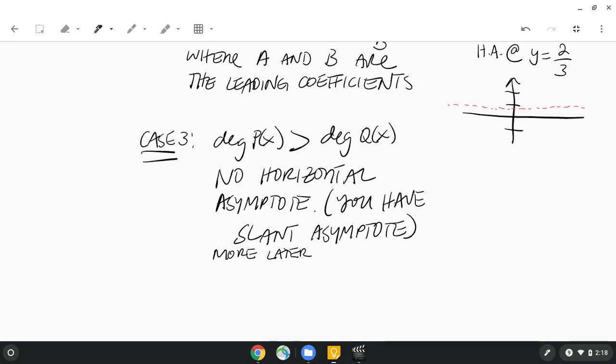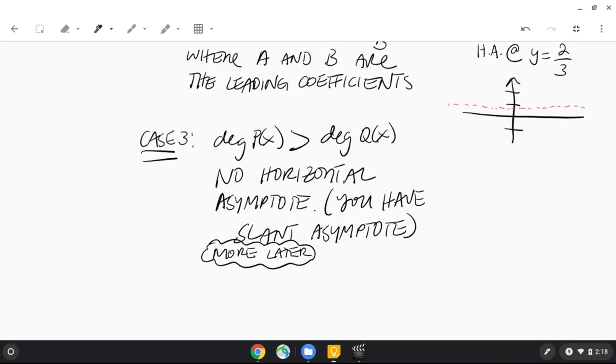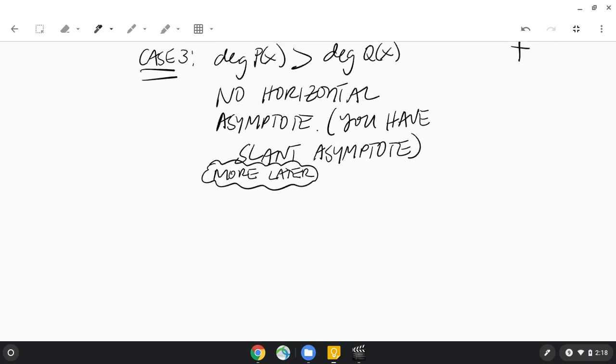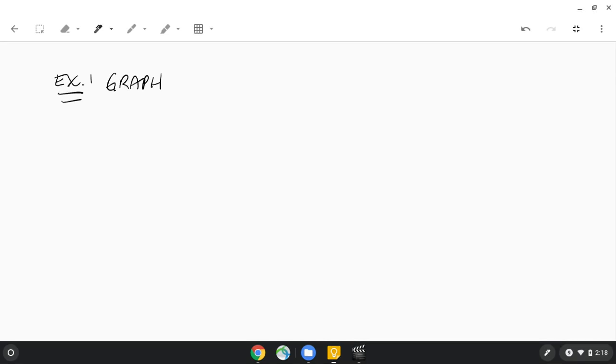All right, so let's practice graphing with horizontal asymptotes and vertical asymptotes, and then we'll look at slants. Let's take a look at the graph of r of x equals 1 over x, the most basic rational function that you can get.